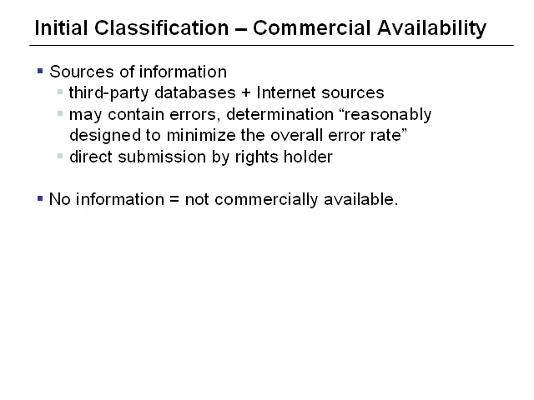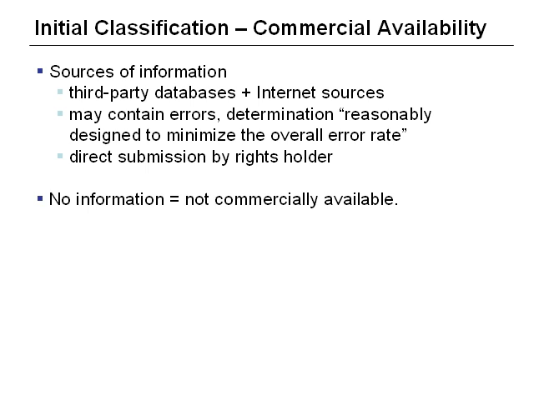Google is required to make this commercial availability determination based on analysis of third-party databases and information publicly available from the Internet. The settlement recognizes that these sources of information may contain errors, and to the extent that information available from multiple sources is in conflict, Google is required to make its availability determination in a manner that is reasonably designed to minimize the overall error rate.